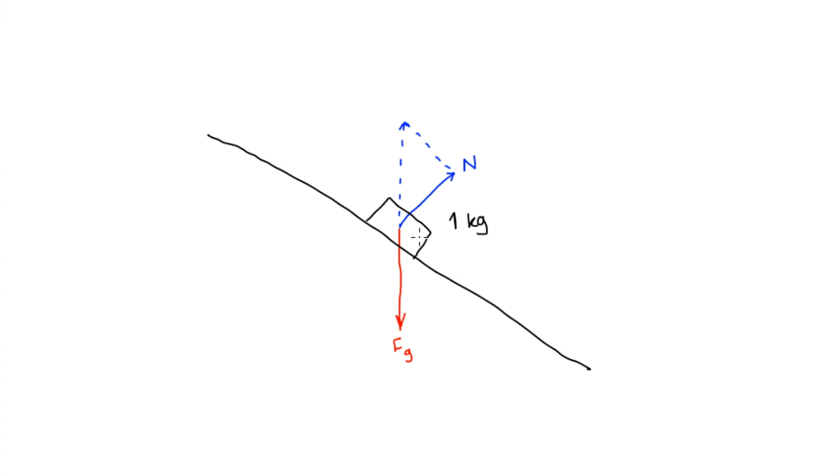Now, because these vectors are the two forces that are acting on this box, the resultant vector can be shown by adding these two vectors together.